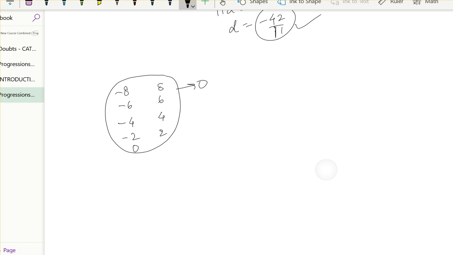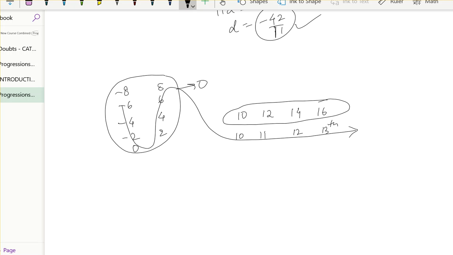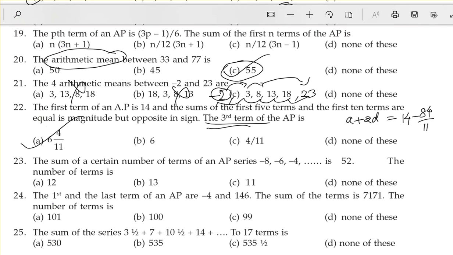After that 10th term, that is 10, and then 12, and then 14, and then 16. It is 10th term, 11th term, 12th term, and 13th term. When you take sum of these four numbers, you get 52. So sum of this series up to 13 terms gives you sum 52. You can do this with formula also.